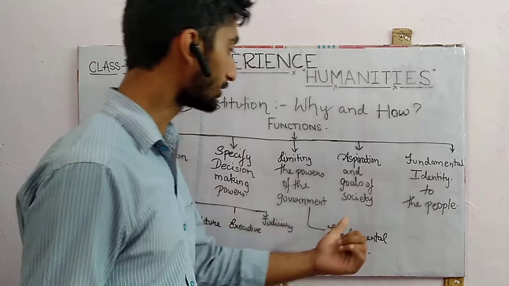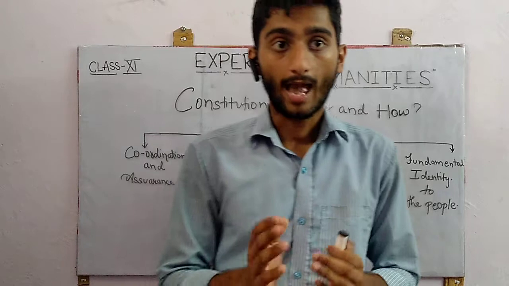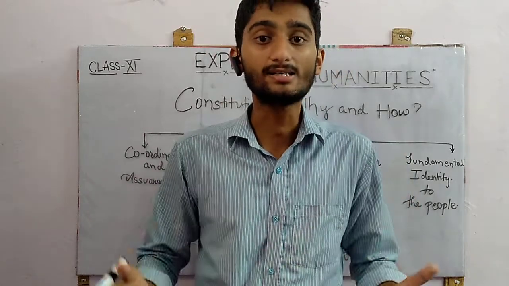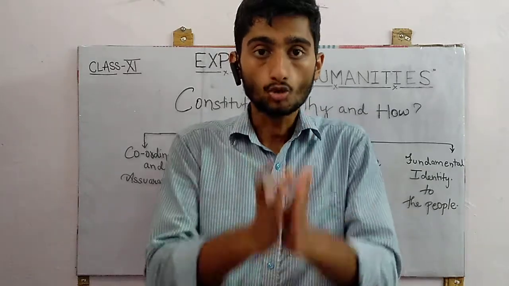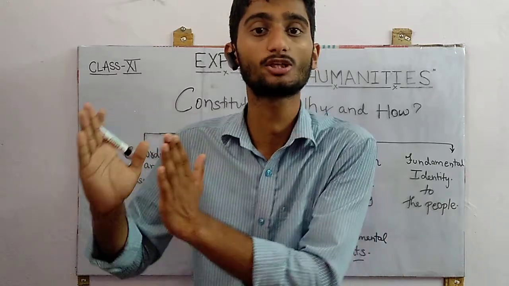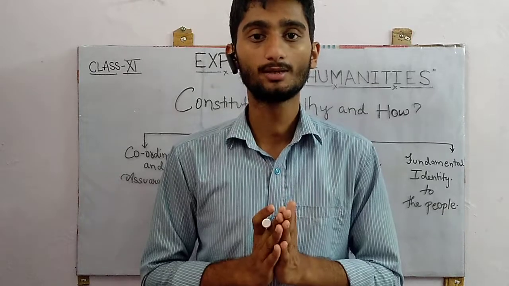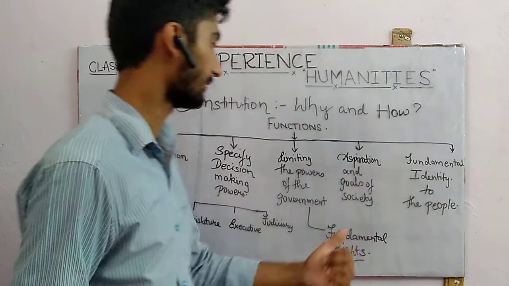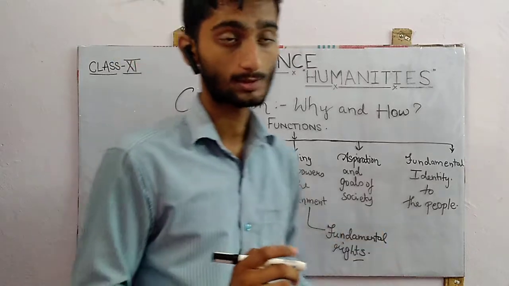So moving on to the next part, aspiration and goals of the society. Now, as we know that there are diverse people living in countries like India and the rest of the countries of the world. So all these countries want a racial discrimination free country and society. So how is this done? This is done by the Constitution of any country, by aspiring of and the goals of the society.